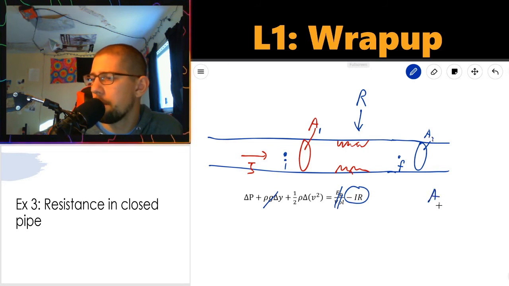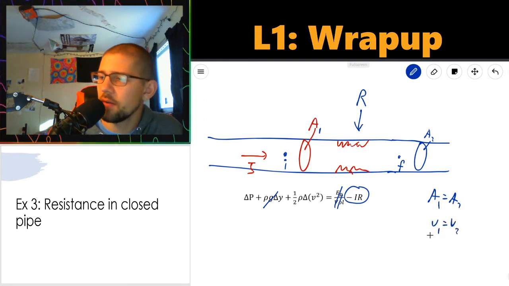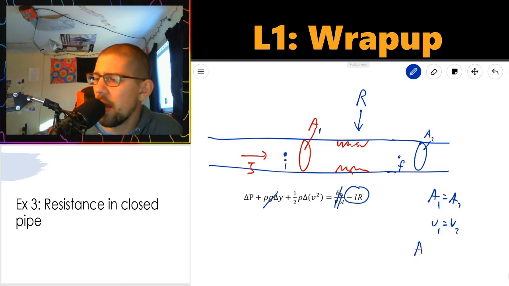A1 equals A2, and by continuity, this means that V1 equals V2. Recall, continuity just says that the volume passing through the first cross-sectional area has to be the same as the volume passing through the second cross-sectional area, or A1 V1 equals A2 V2.